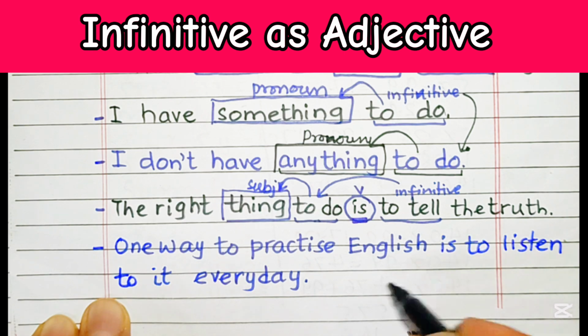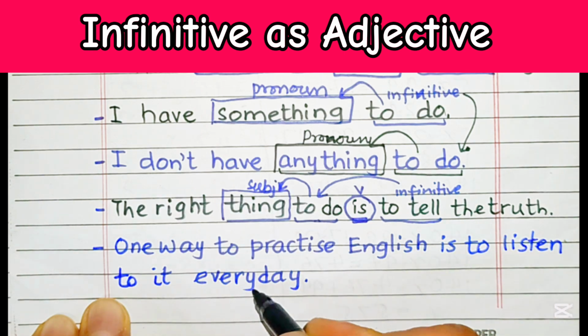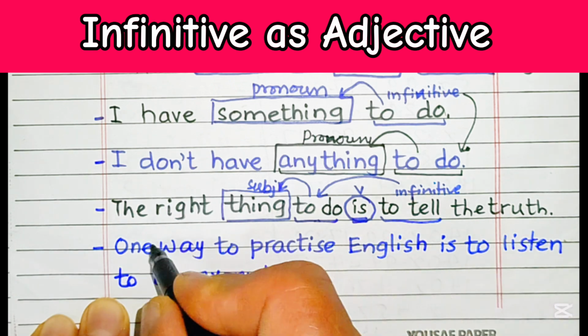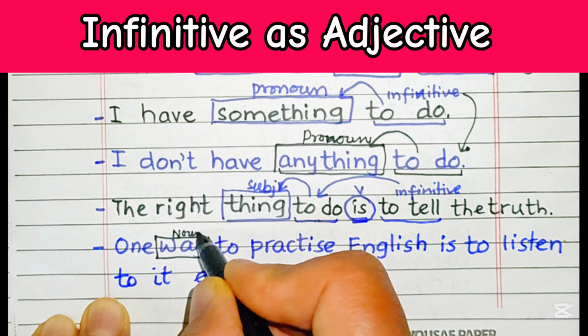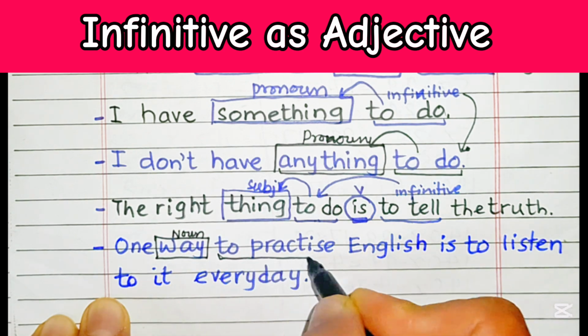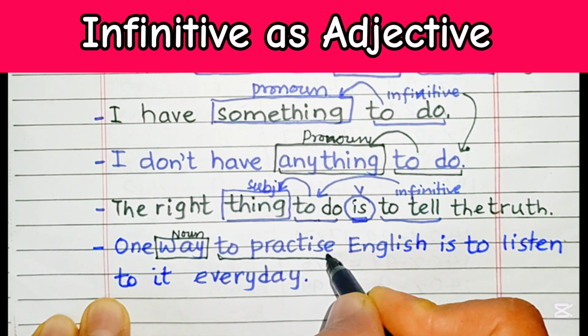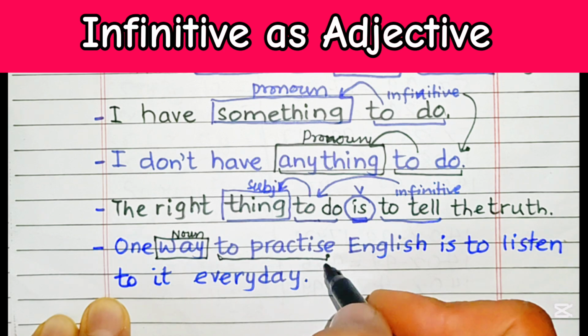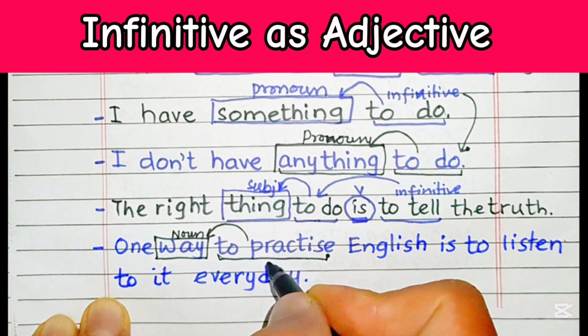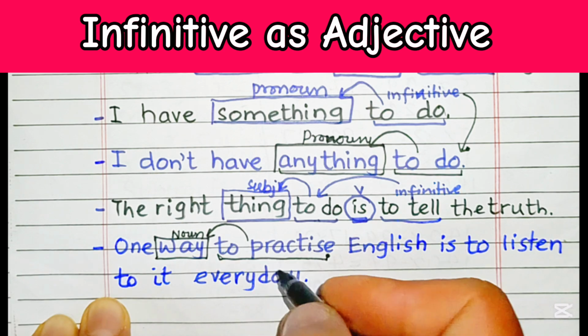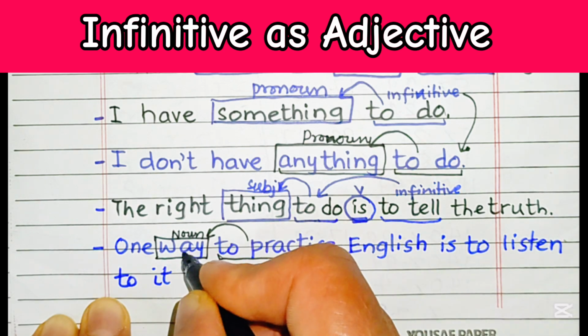One way to practice English is to listen to it every day. Here is the noun way. One way to practice. So the word way is being modified by the infinitive to practice, and this is the subject of the sentence.